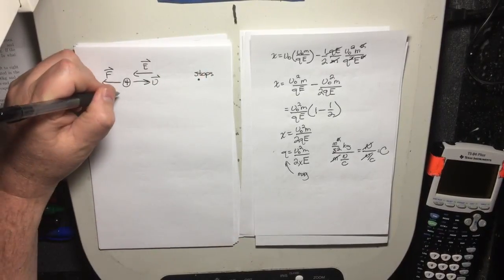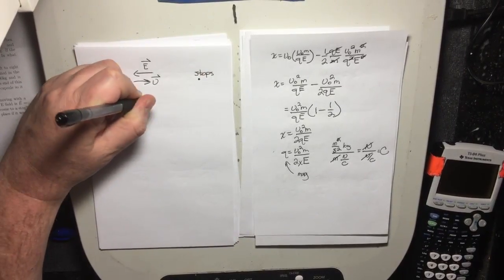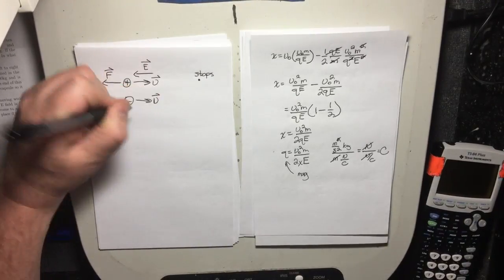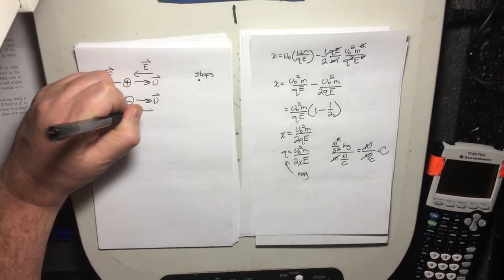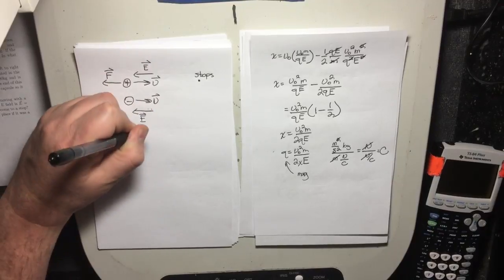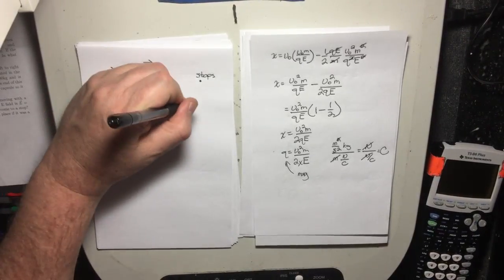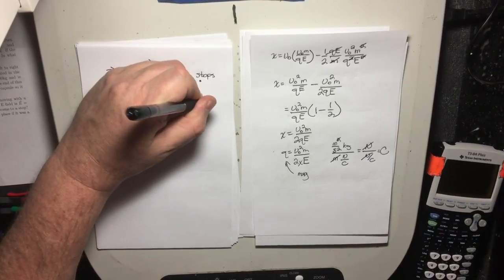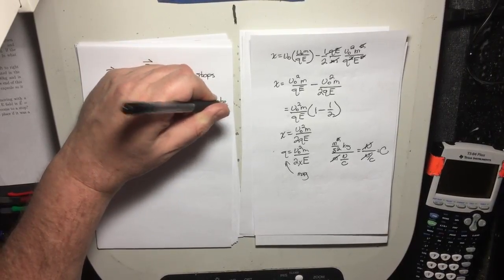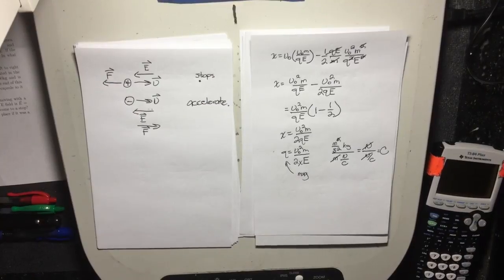In the second part of 6, if it was a negative charge moving to the right, in an E field that's headed to the left, it would feel a force to the right and accelerate. Not only would it not stop in the same place, it wouldn't stop at all. It would just accelerate out to infinity.